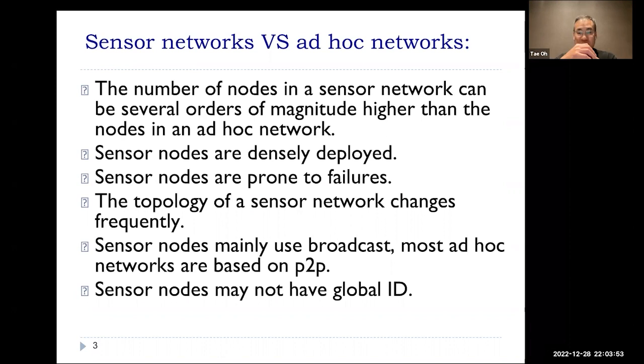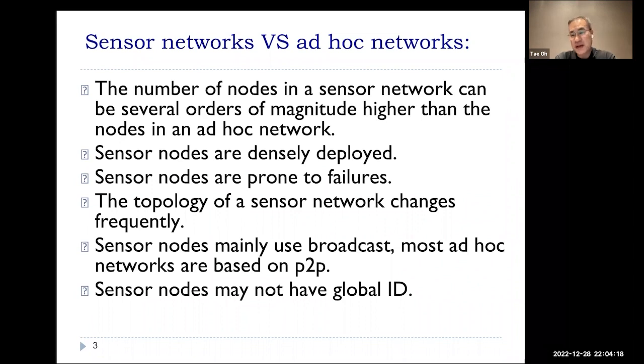Another thing is sensor nodes are prone to failure. That's somewhat expected, right? You don't expect sensor nodes to work 100% perfectly. That's why there has to be a lot of duplicate backup. If one node is not able to pick up the information, you expect that other nodes pick up the information. So this is somewhat different.